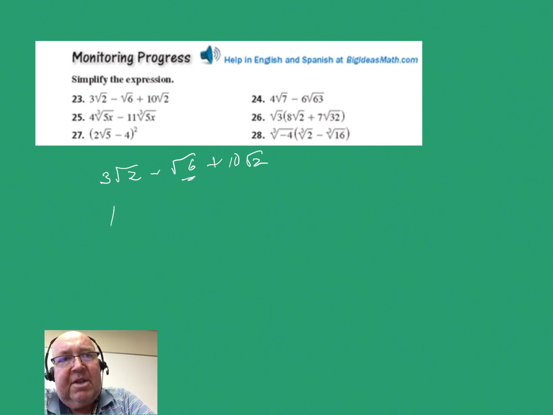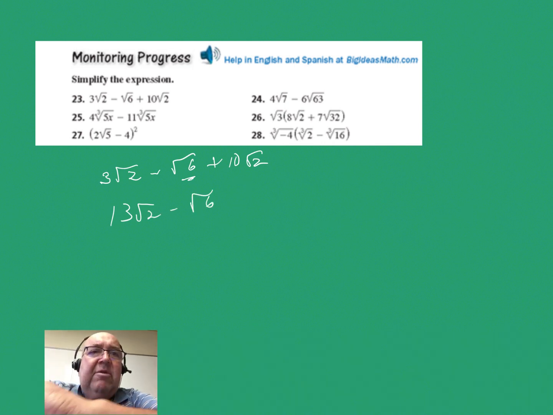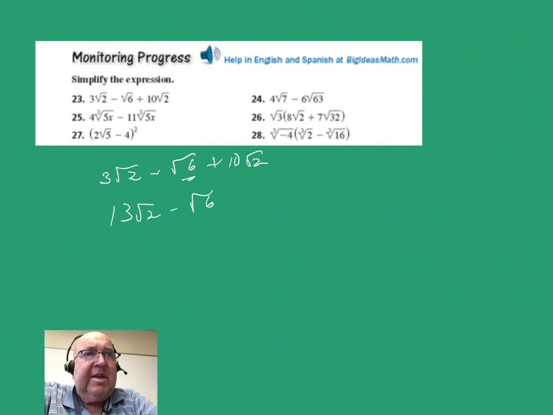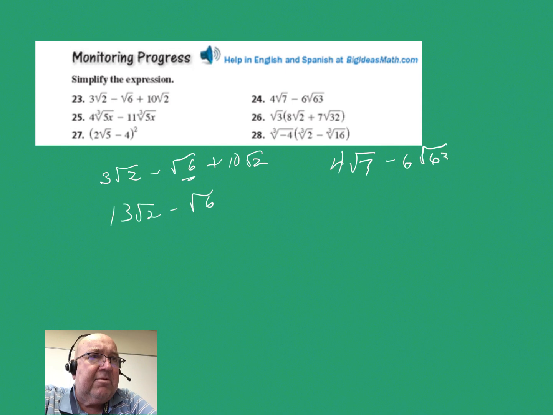So it's just going to be 13 radical 2 minus radical 6. If I would have been able to break the 6 out with a natural square and get a number in front as a coefficient, I could have done that, but it would break out as a multiplying.